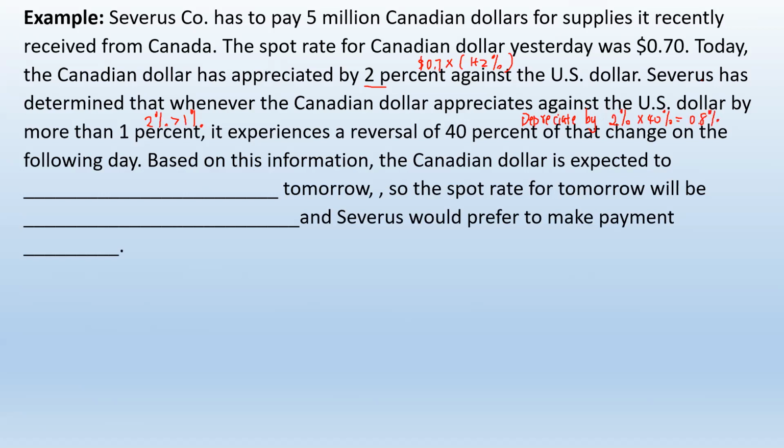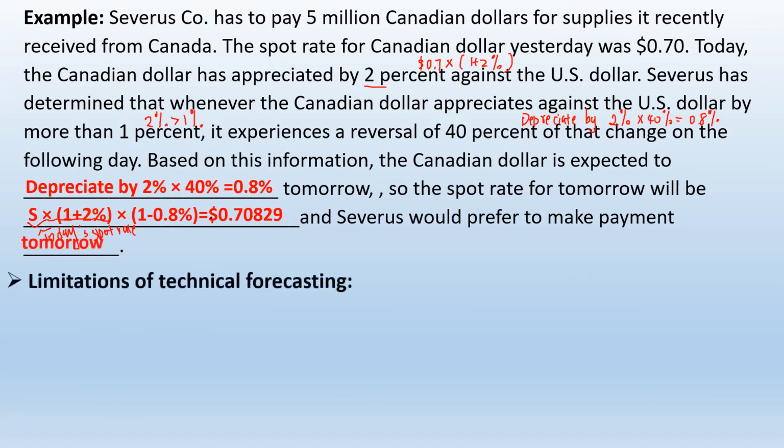Based on this information, the spot rate for tomorrow should be 0.7 per unit times 1 plus 2%, which together is today's spot rate, and times 1 minus 0.8%, that's tomorrow's spot rate. And they will prefer to make the payment tomorrow.